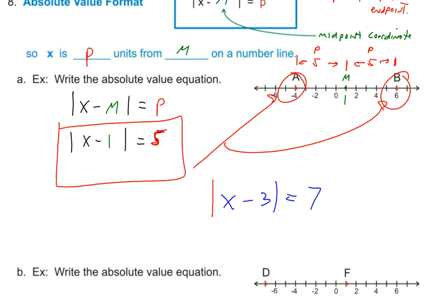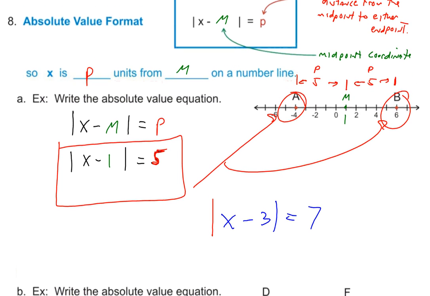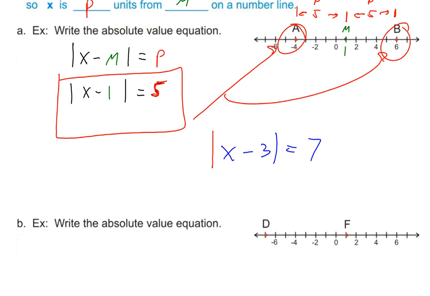The negative's part of the formula, right? That's why it's in black and the M's in green. The negative's part of the formula. Value of the midpoint is? How far does it take to go from the midpoint to an endpoint? So therefore, if I'm at 3, one answer has to be 10. If I'm at 3, the other answer has to be, you just solve the absolute value.